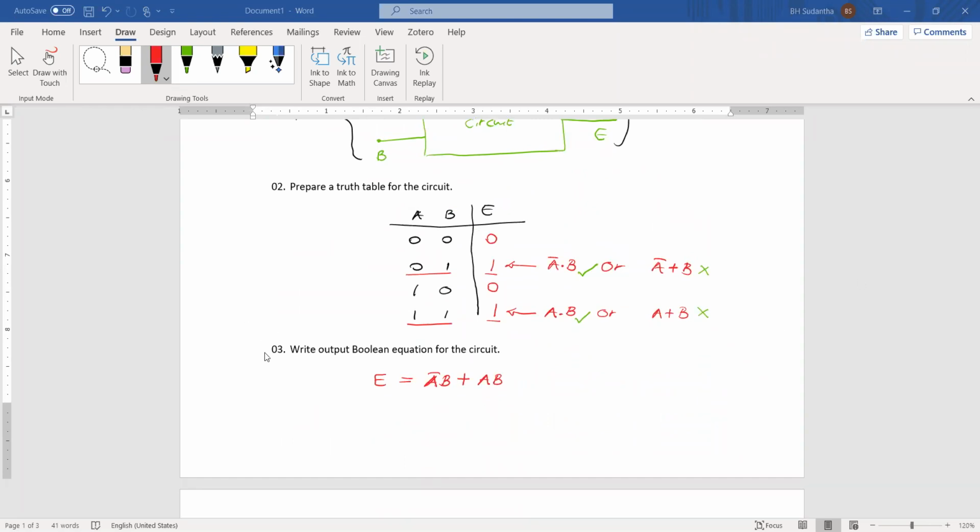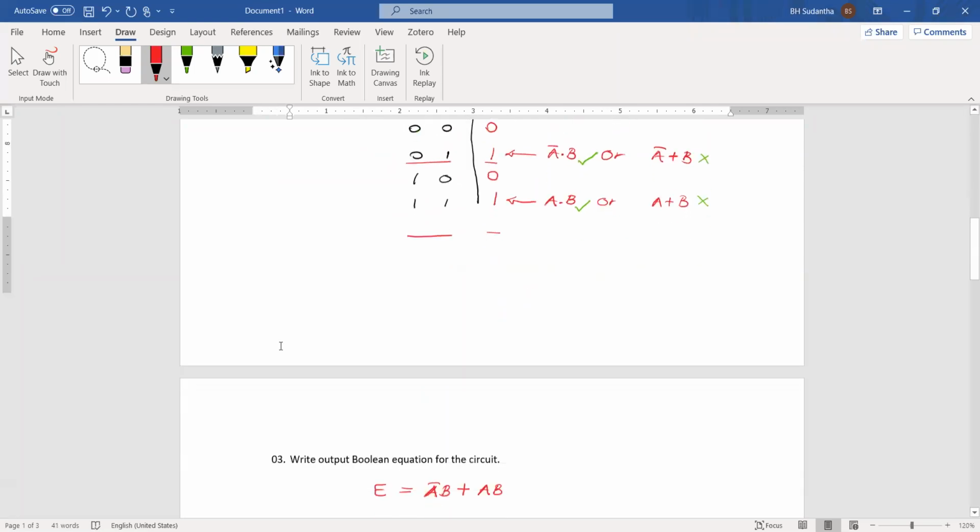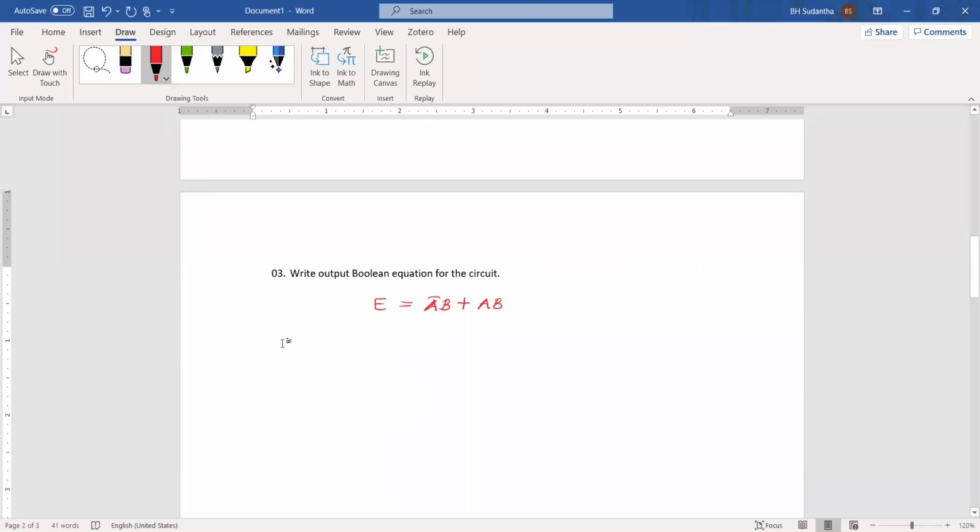Okay. Then fourth step. Draw the circuit using basic logic gates.